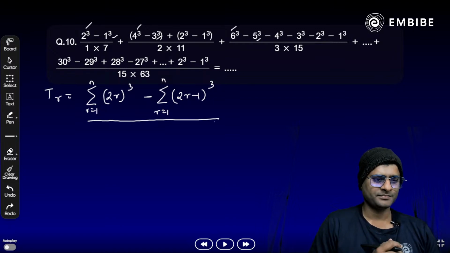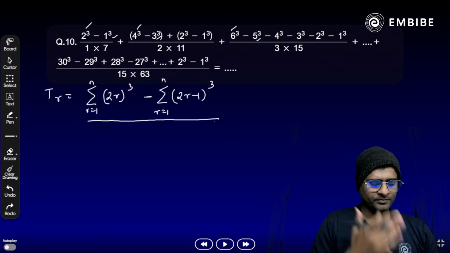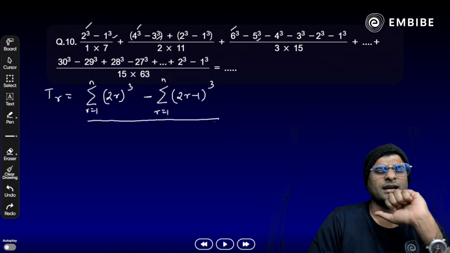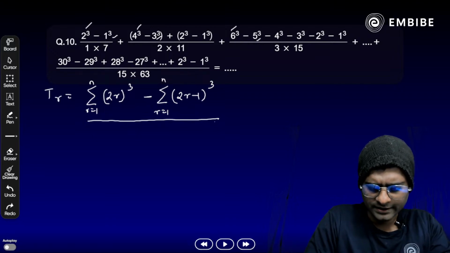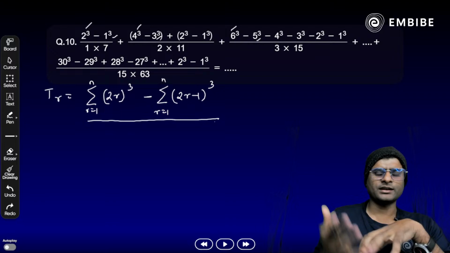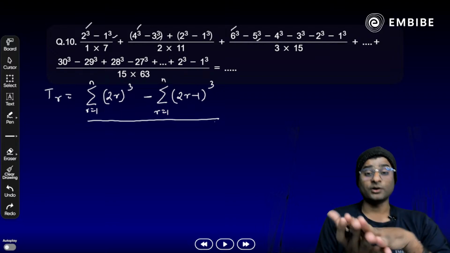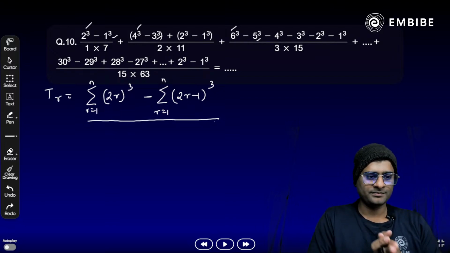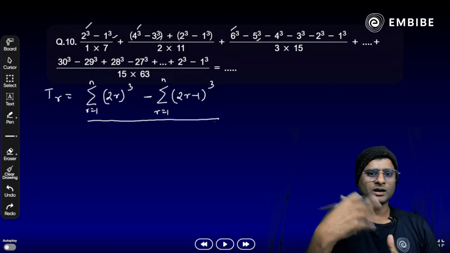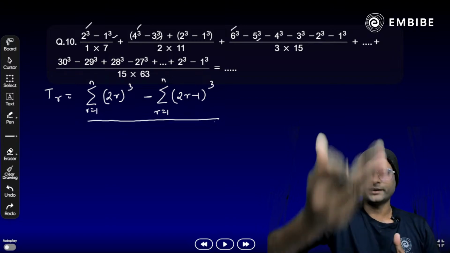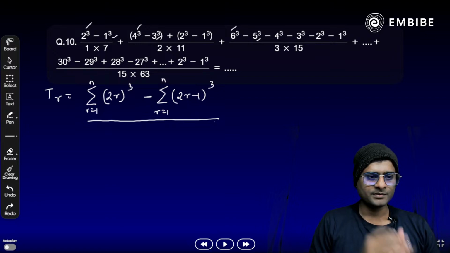All right. Focus on next here. Yes, if you use 2r plus 1 there, what will your answer be? Then the limit will change to 0 to n, like that. Don't get confused, because in one question you wrote 2r plus 1 for odd, here you have written 2r minus 1. So the limit will vary, remember. Like 2r plus 1, we have to start from 0 to n. Clear? Okay, take a look here.